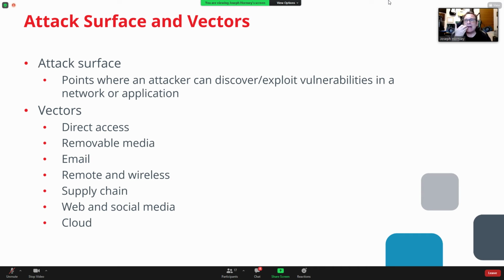Web, social media, I may have malware on a post. You click on the link and that sort of thing. You got to be very careful. And then, stuff that's in the cloud. We're going to talk about secure cloud services later on next week. But the thing to remember about the cloud, all of the security concerns that you have with all of your stuff on premise, on your own network, if you move to the cloud, all you're doing is taking all of your same security concerns and moving them.